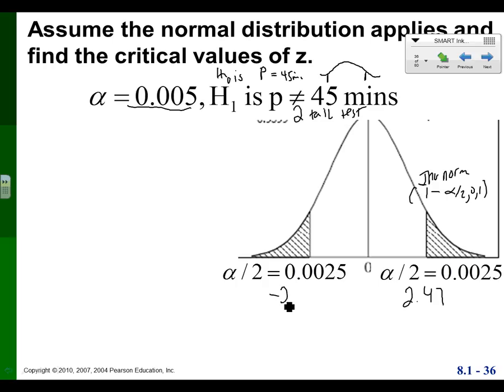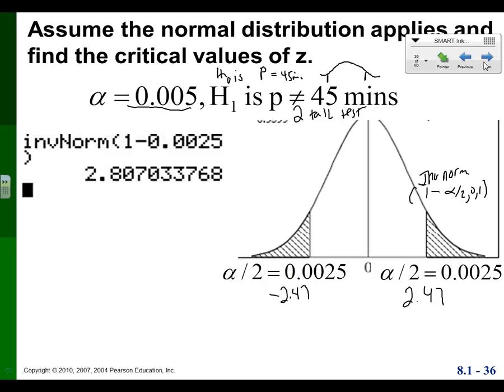Yep, negative 2.47. Okay? So those are test statistics. We're going to figure out how to test that against the hypothesis. Okay? Right now we're just trying to figure out what the words and letters mean as far as how to calculate it. Okay?